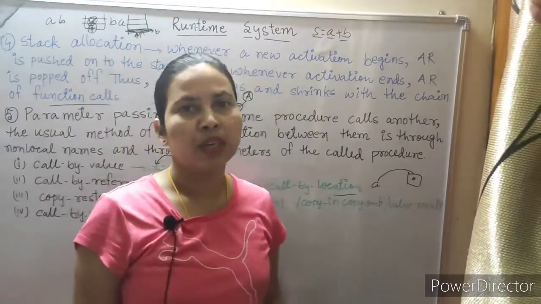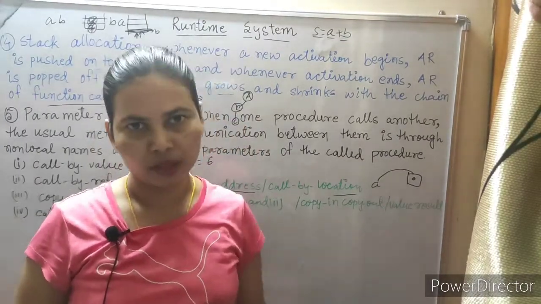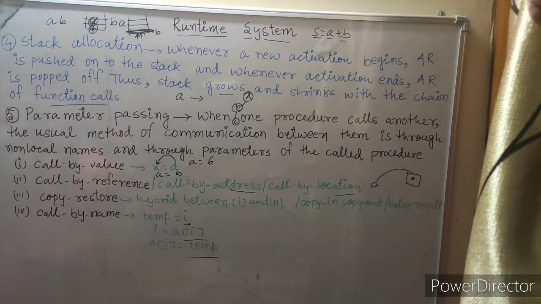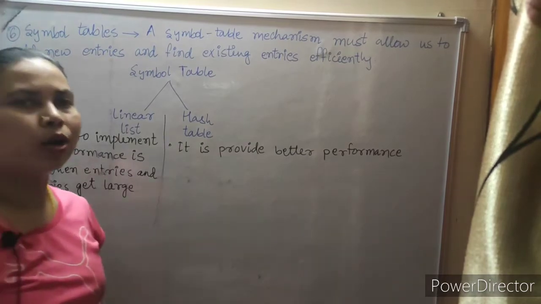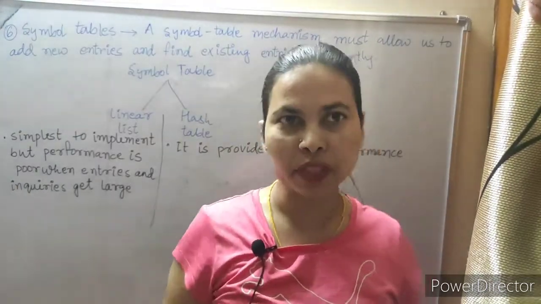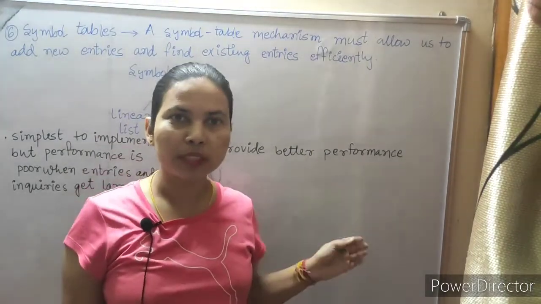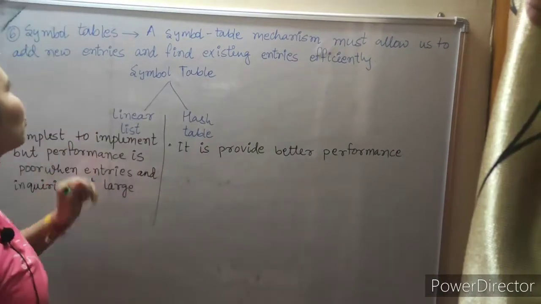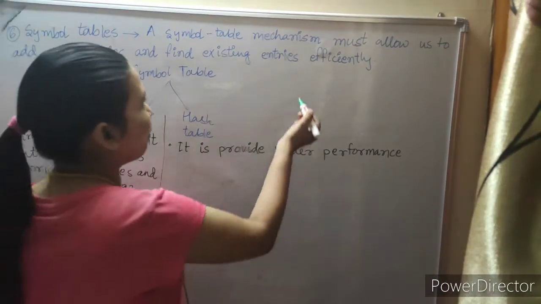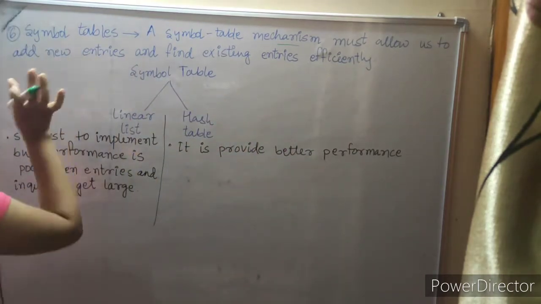And one last topic is left. It is the symbol table. Now we will see the symbol table. In the phases of compiler we are storing the data and we are fetching the data also. That is why we use the symbol table. The symbol table mechanism must allow us to add new entries.